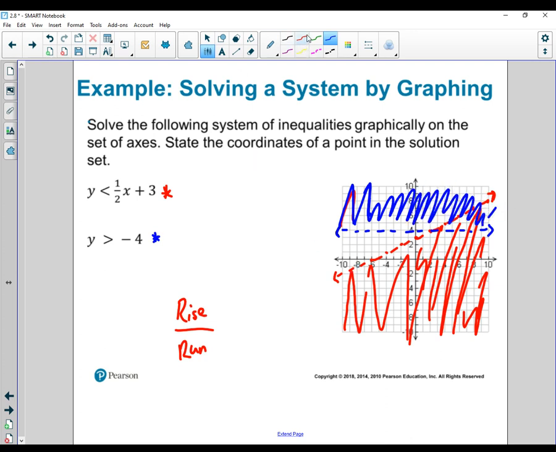And then the difference is now, instead of just having one, now we have two of them, and the solution is going to be where they're both shaded, which in this case is this little section right here that I'm going to shade in green. That's where they both end up being shaded. And Delta Math makes you state a solution in there.